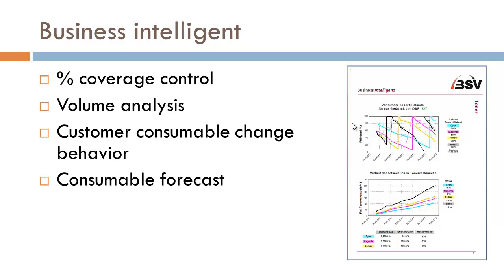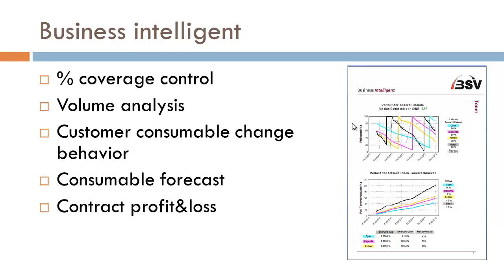One very important thing for the ordering process to the suppliers is that we know exactly when the next consumable will be empty in this device at this operator address, and that makes it possible to summarize all the consumables you need for, as an example, the next 30 days and get a list, and this list can be the basis of the order proposal.